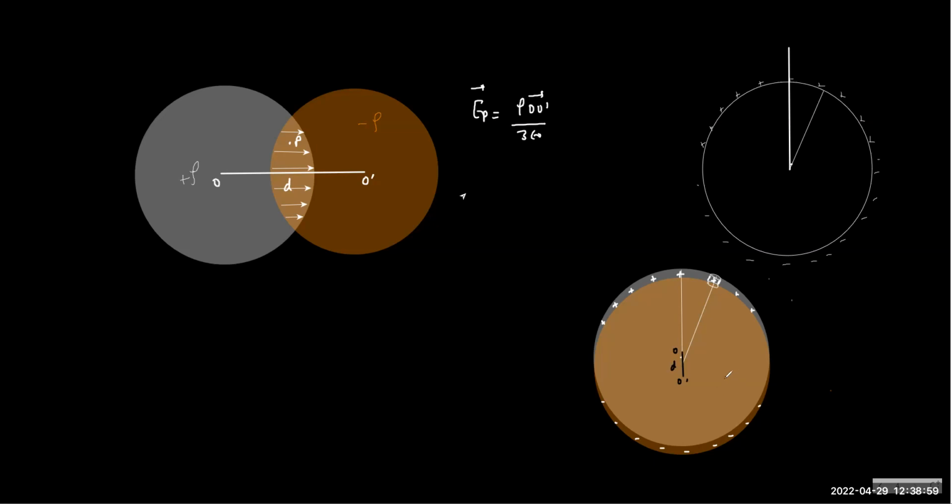So now, if this is theta, then we know the relation between sigma and rho. Rho depends on, because the gap is D, so the maximum separation is here. This is D. Of course this is difficult to scale, but let's make it as small as possible.